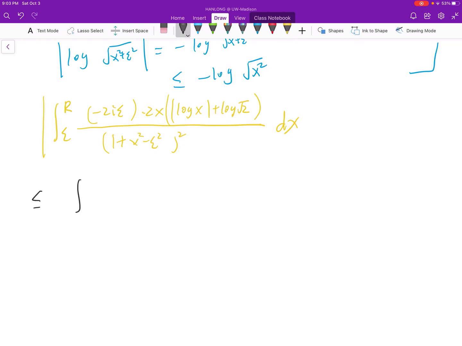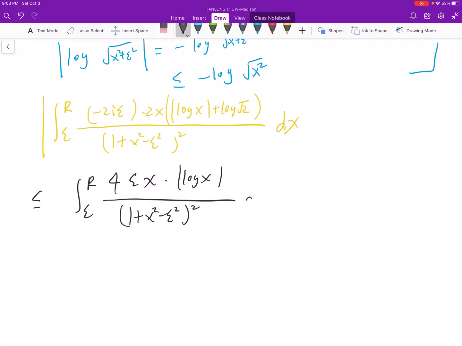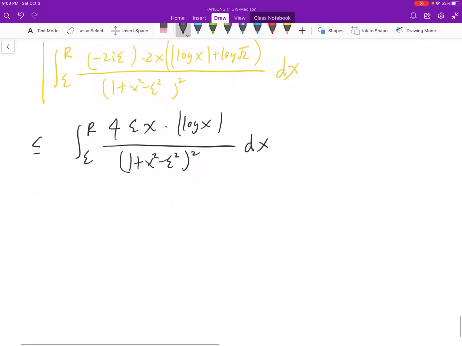So this is less than the integral from epsilon to R of 4 epsilon x times the absolute value of log x, divided by 1 plus x squared minus epsilon squared, dx.